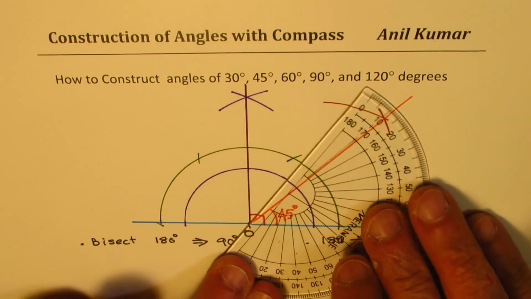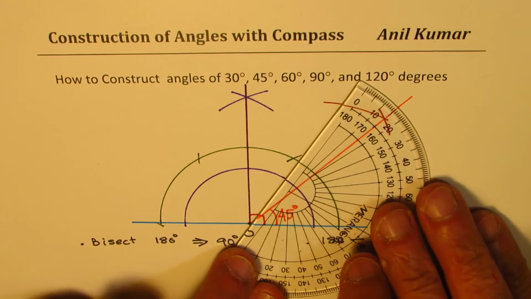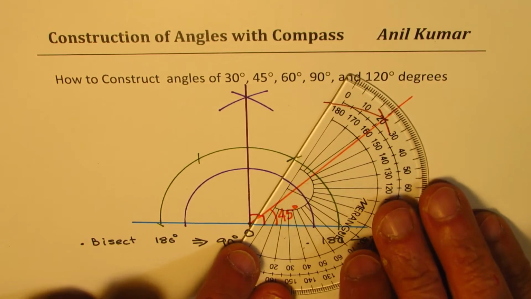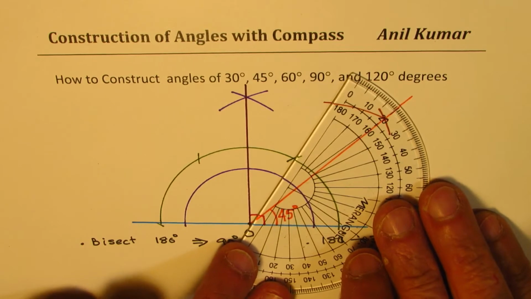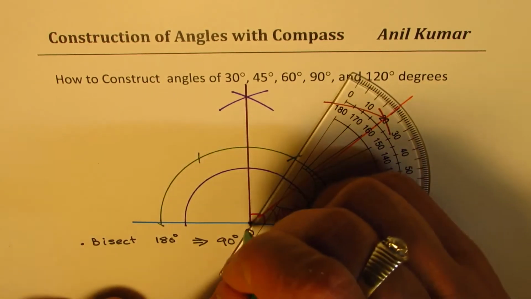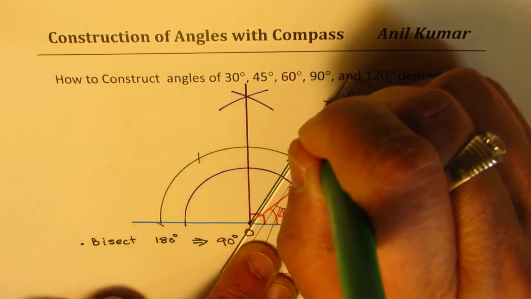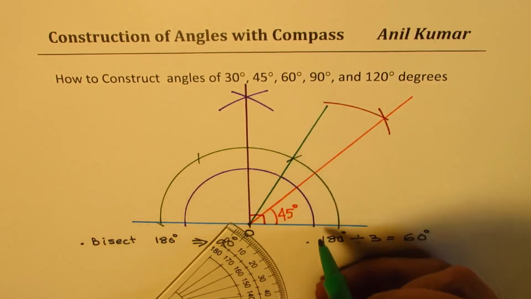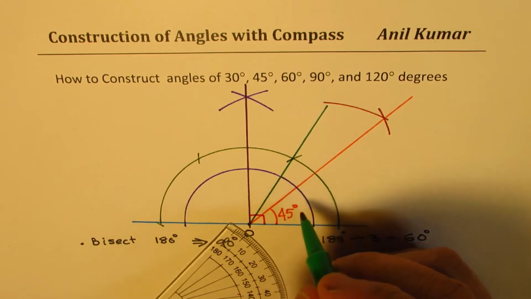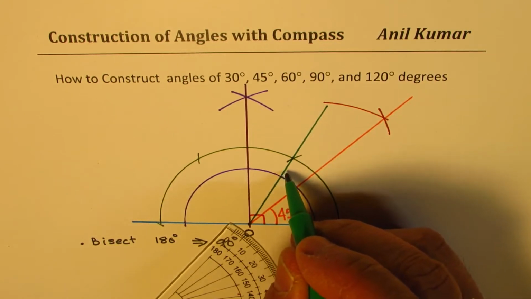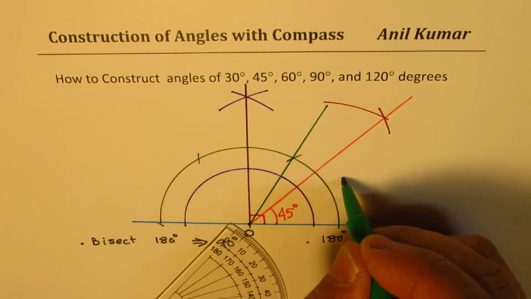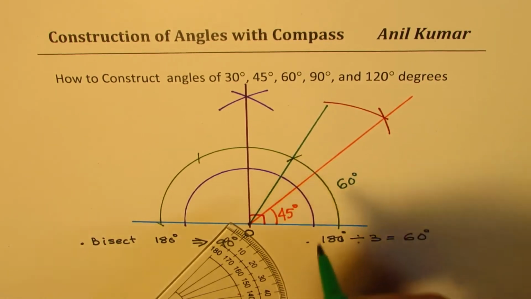So if I'm joining with O, the first point, which is the same distance away, 3 divisions of the arc which we just drew, which we think are 60 degrees, we should draw the line and then check, right? So what we notice here is this particular angle should be actually 60 degrees. So this angle here is 60 degrees.